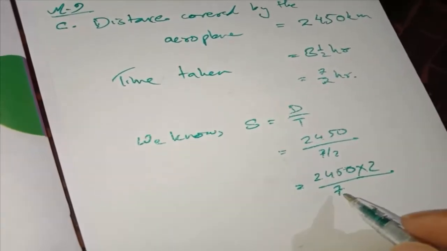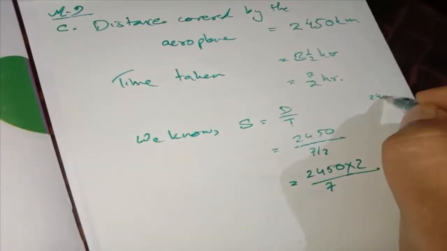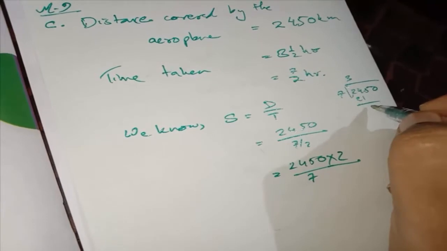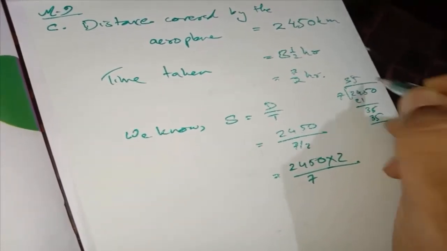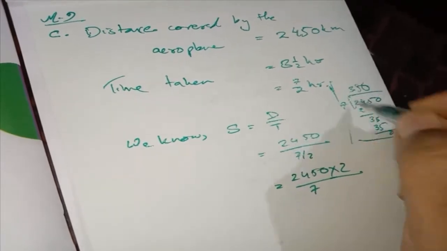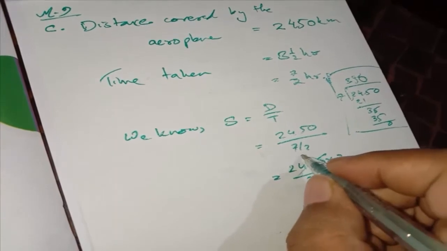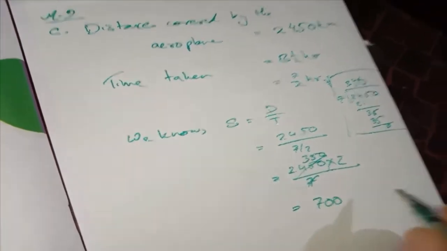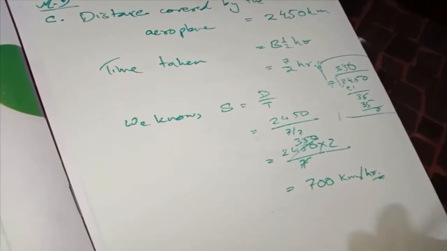Now let us see if this number goes by 7. So 7 3s are 21. We are left with 35. 5 times 35, 0 goes up. Okay. So 2450 divided by 7 gives you 350. Now 350 into 2 gives you 700 kilometer per hour.